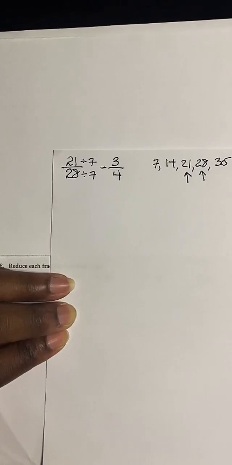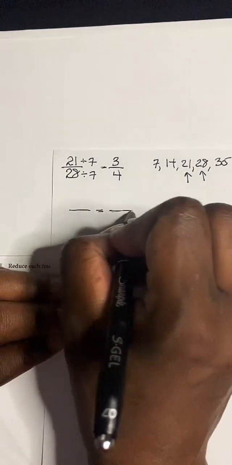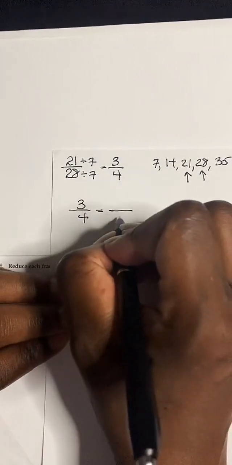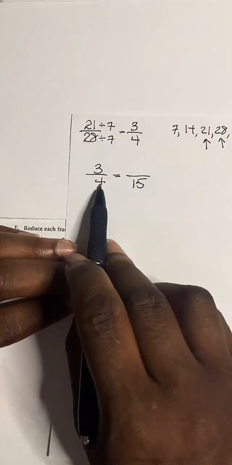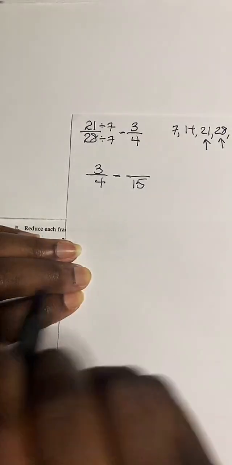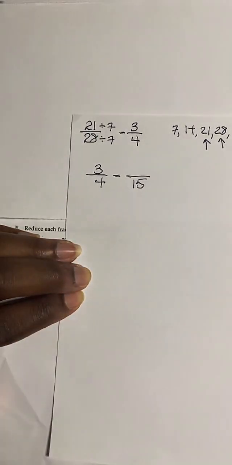What happens when the denominator doesn't go into the opposite denominator equally? If it doesn't, then you would have to do cross multiplication. If you have like 3/4 and, let's say, 15, we know that 4 can't go into 15. The only thing they have in common is 1. So you can cross multiply, or you could multiply both sides by 15.